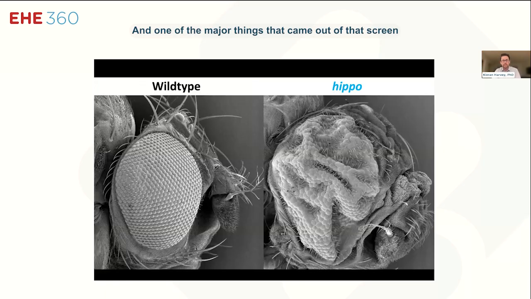One of the major things that came out of that screen were the founding members of a brand new signaling pathway, which we now know is called the Hippo pathway. And you can see here a fly on the left that has a beautiful ordered array of ommatidia in its eye.